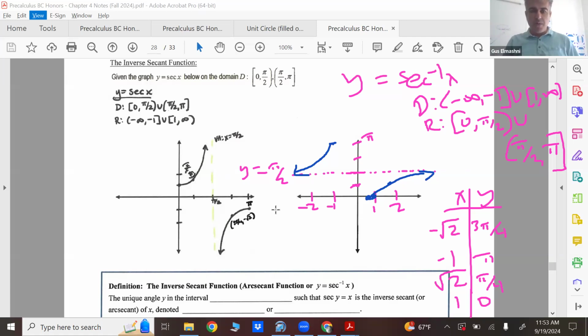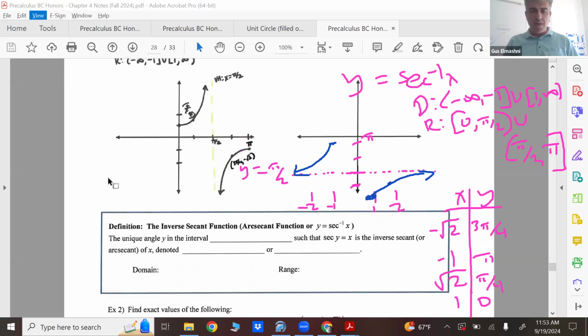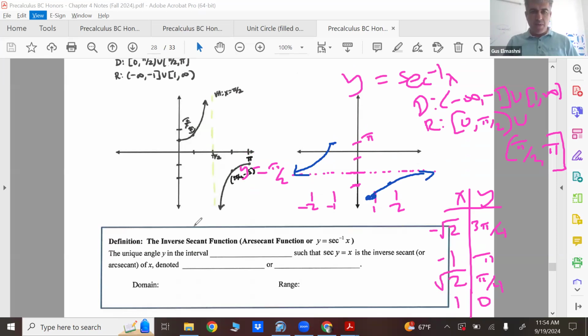So for down here, the unique angle y in the interval from obviously 0 to pi, excluding pi over 2. The domain we already know again. I know we're just repeating ourselves.